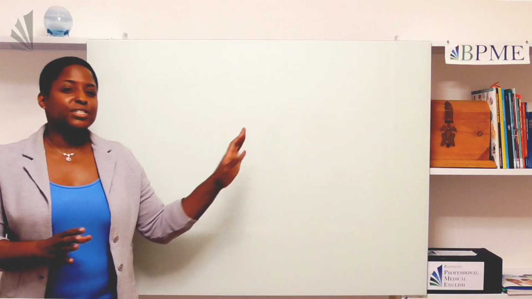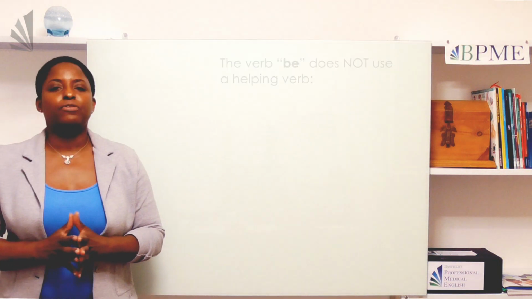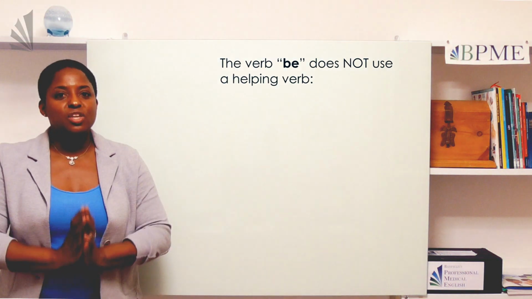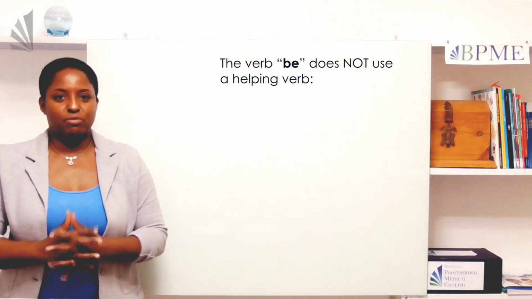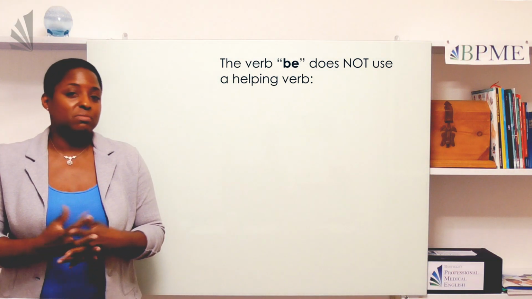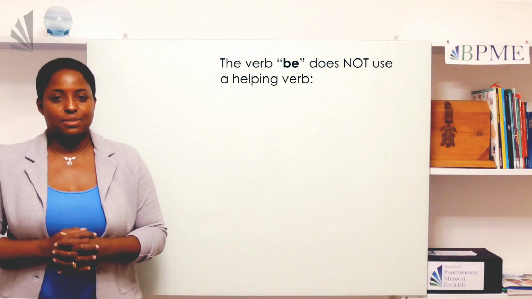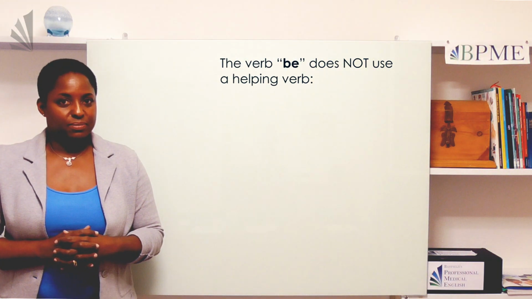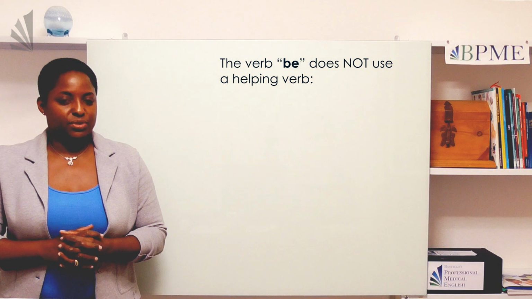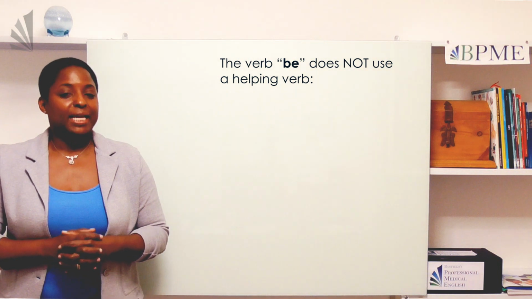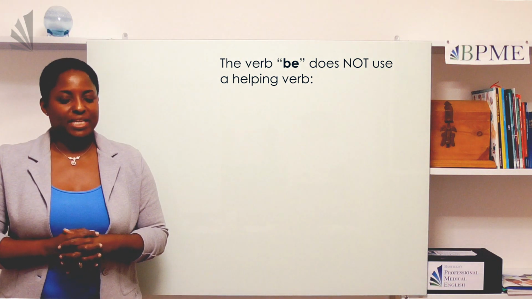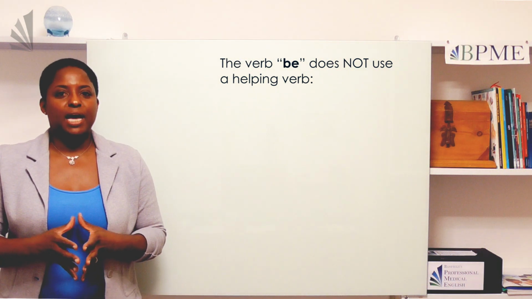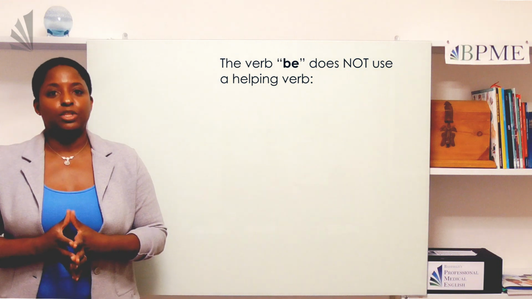But there's an exception to this rule, the verb be. The verb be does not use a helping verb in questions or in negative sentences. Let me say that again. The verb be is different. It does not use a helping verb in questions or negative sentences. So, for example, you want to ask about blood in the urine.